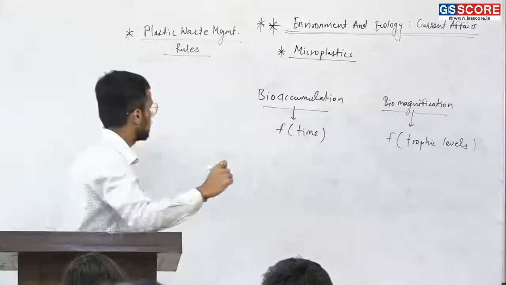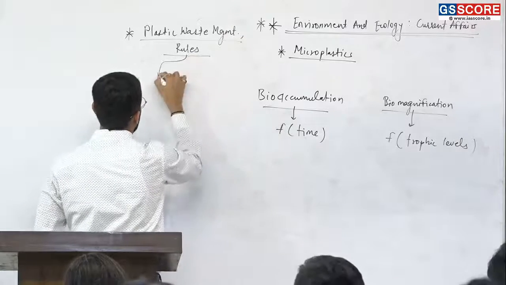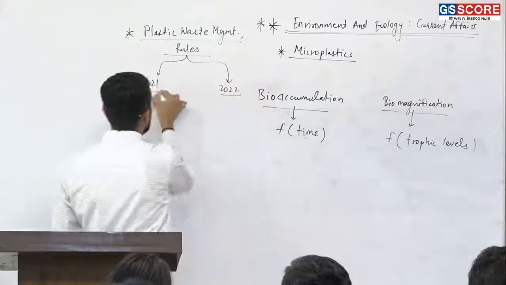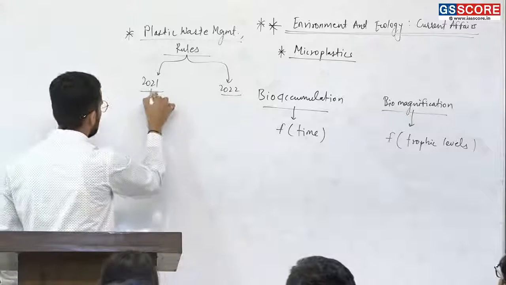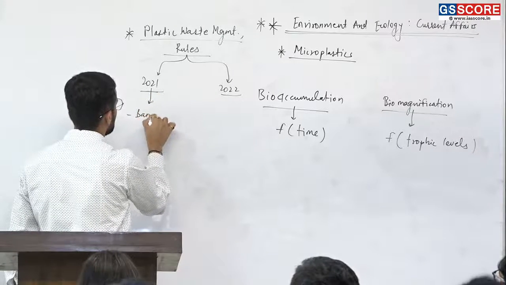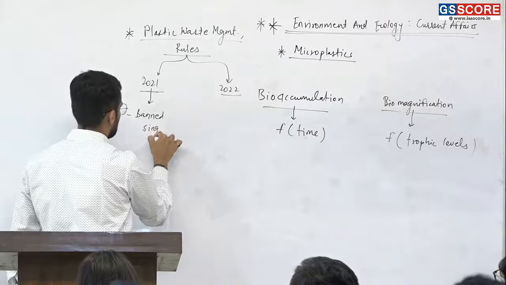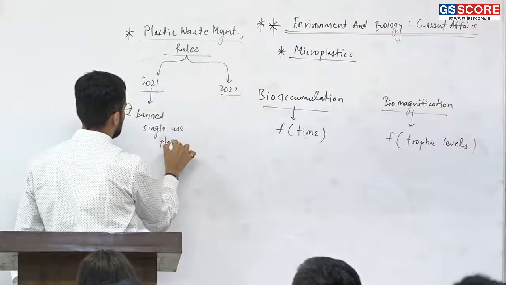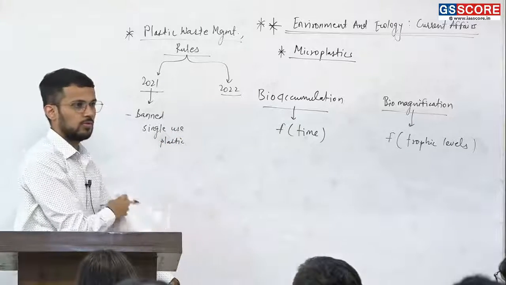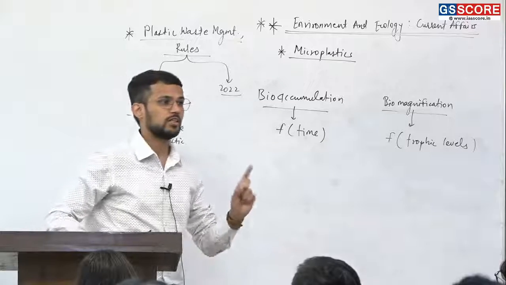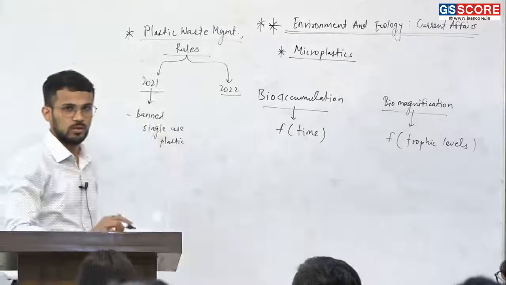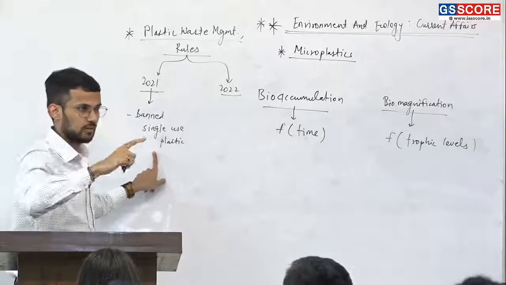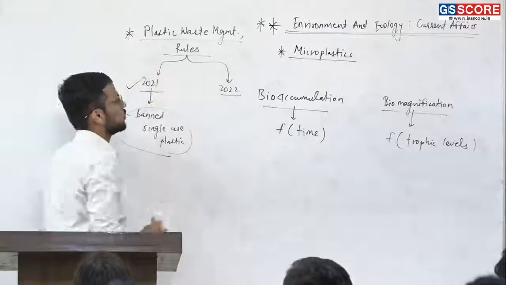The latest are the Plastic Waste Management Rules 2021 and 2022. Under the 2021 rules, we have banned single use plastic. Single use plastic was banned from 1st July 2022, last year, and this was done under these rules.